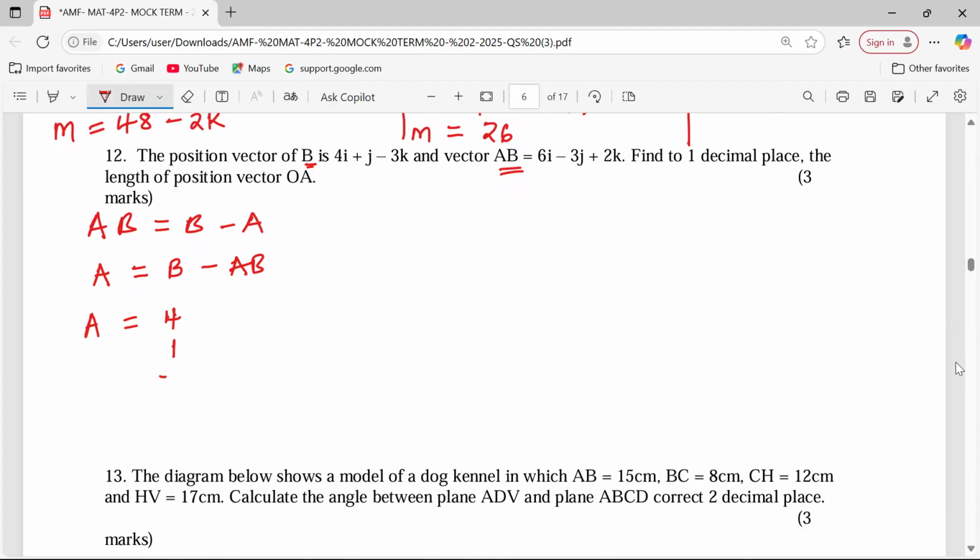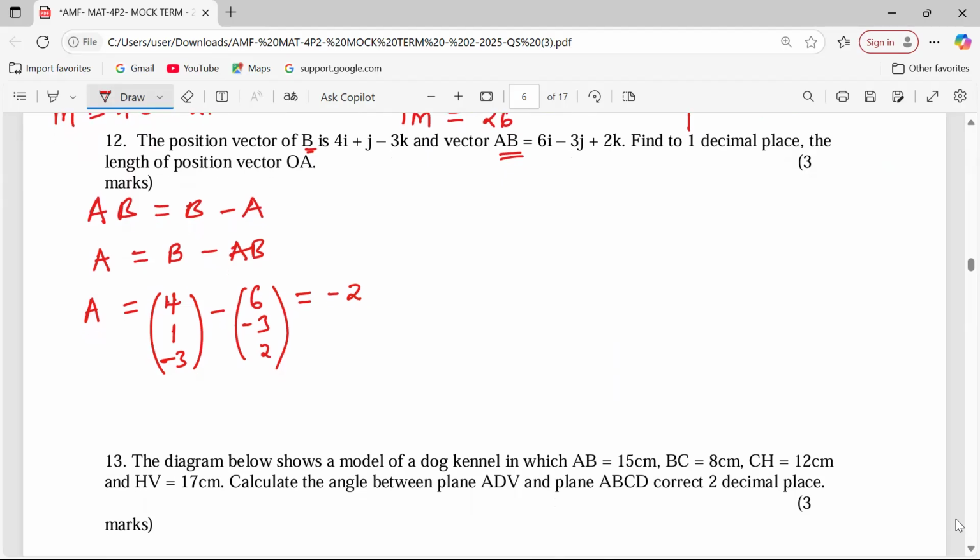1, -3, minus AB, which is 6, -3, 2. This shall be 4 minus 6, which is -2, right? Then 1 minus -3, which is 1 plus 3, giving us 4.